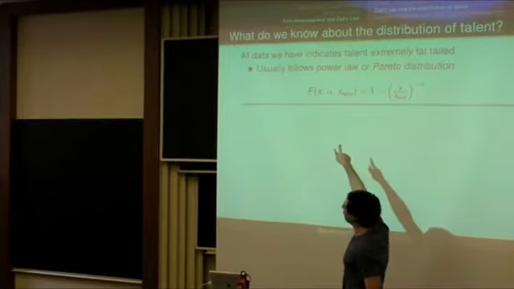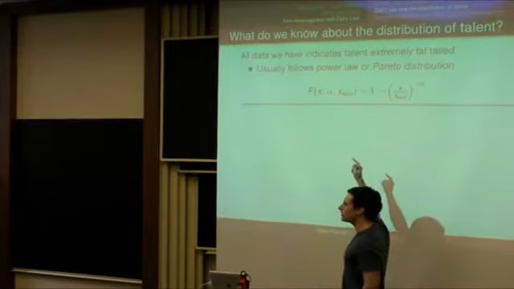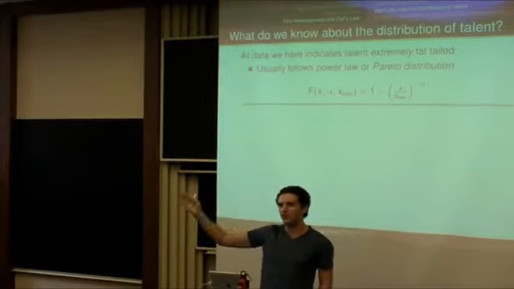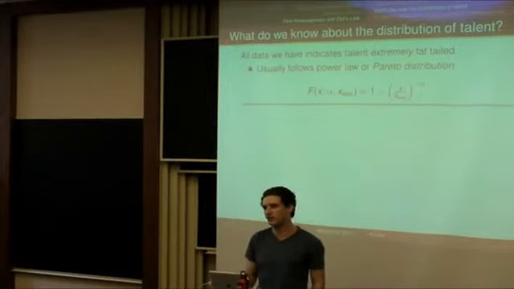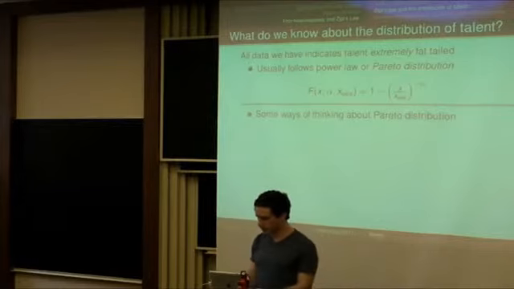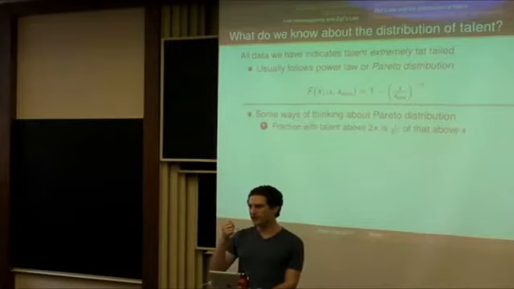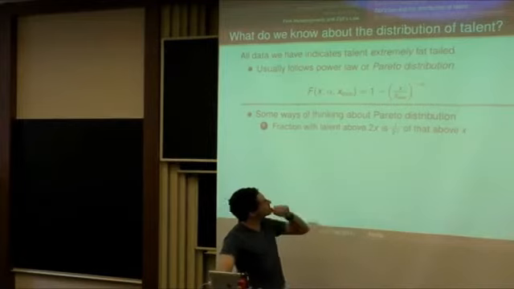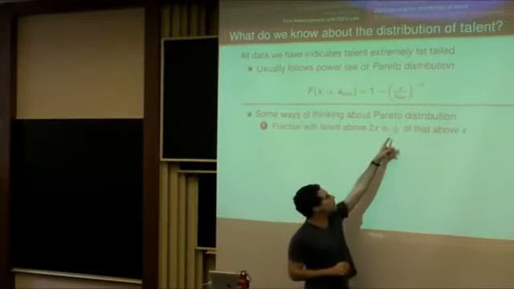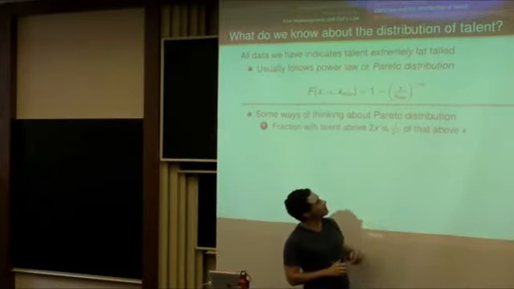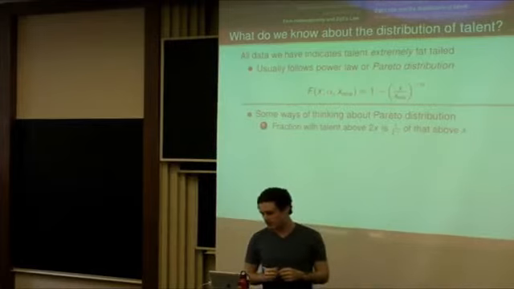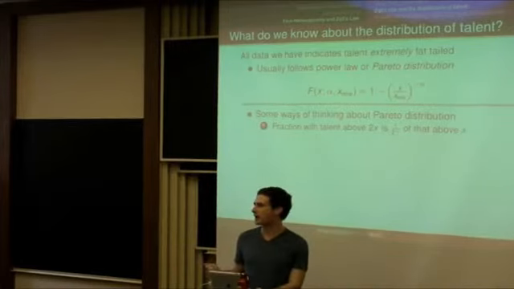And alpha is something where the bigger it is, the less fat-tailed it is. If alpha is small, then it's very fat-tailed. Some ways to think about this Pareto distribution are the following. The fraction of people who have talent greater than 2x is 1 over 2 to the alpha of the number of people who have talent above x.